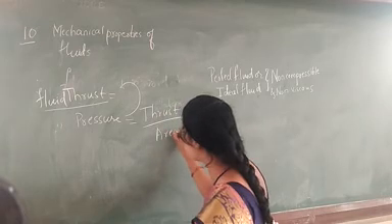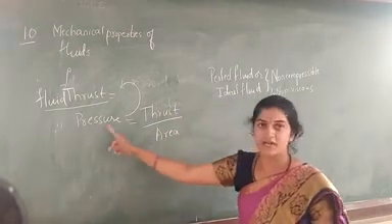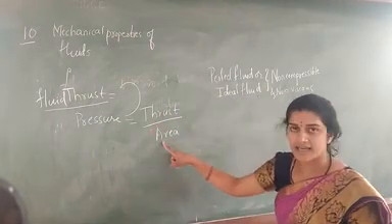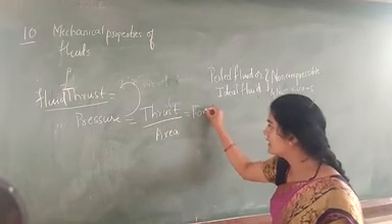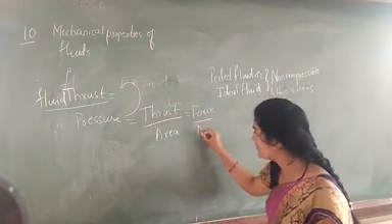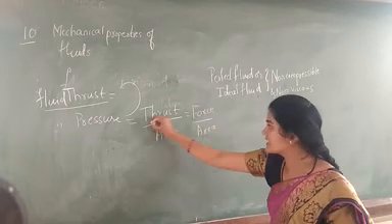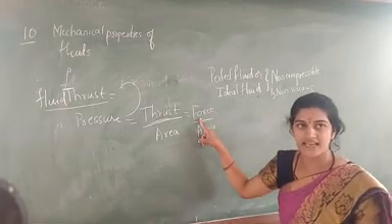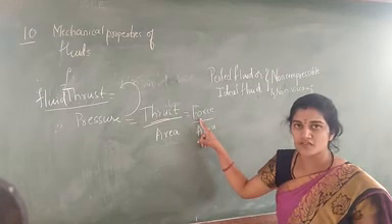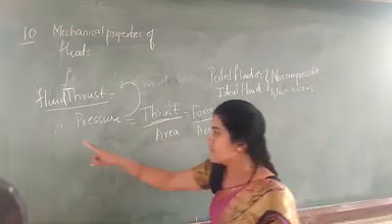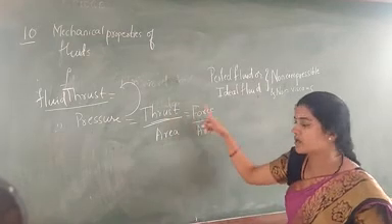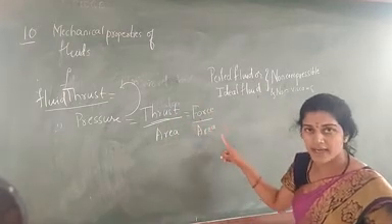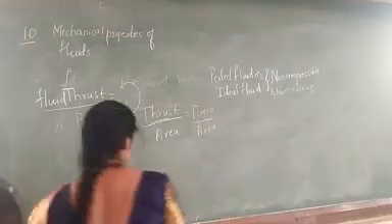This thrust is equal to the force, so the other name of the thrust is force. Therefore, the liquid pressure can be defined as thrust by area, or it is also equal to force by area.